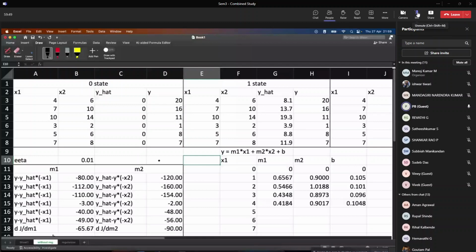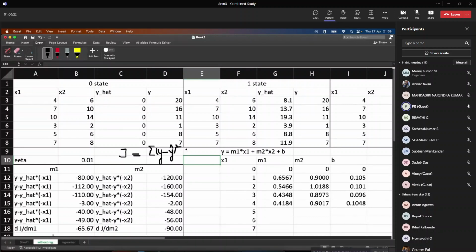I can see that it is still shared. So the loss function is j theta. I'll just call it j. It is given by y minus y hat square, summed over all the examples.